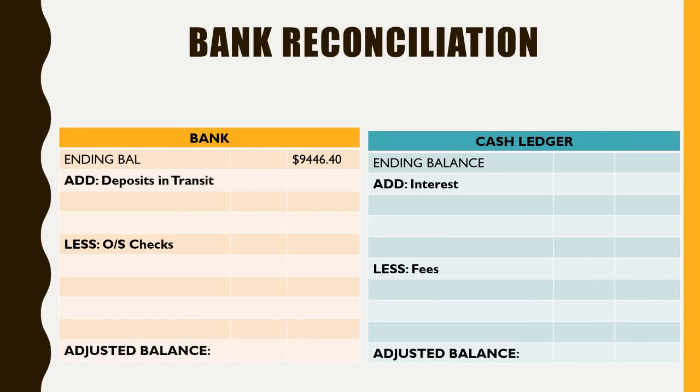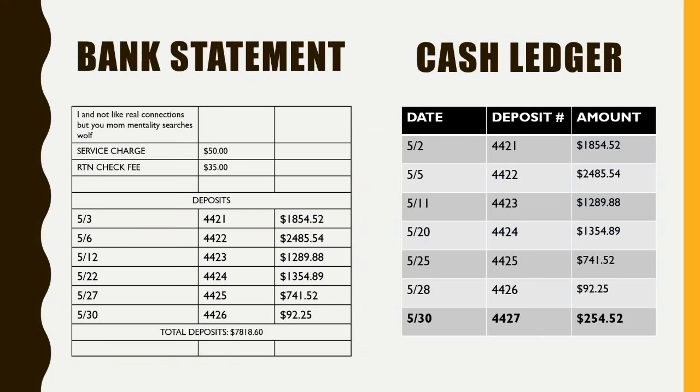Now the next step I'm going to do is, because I need to add my deposits in transit, I'm going to compare my check register, or in this case, my cash ledger, to my bank statement to see which deposits actually got cleared. Now again, with this one, it could be whether you deposit a check, whether you deposit cash, whatever it is.